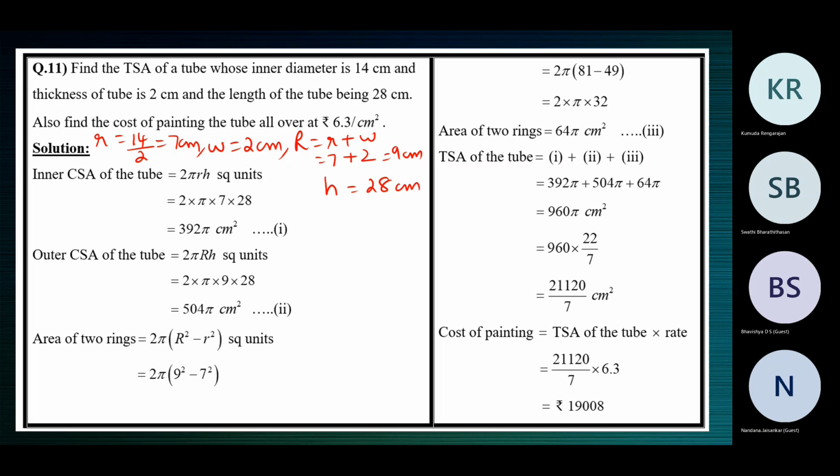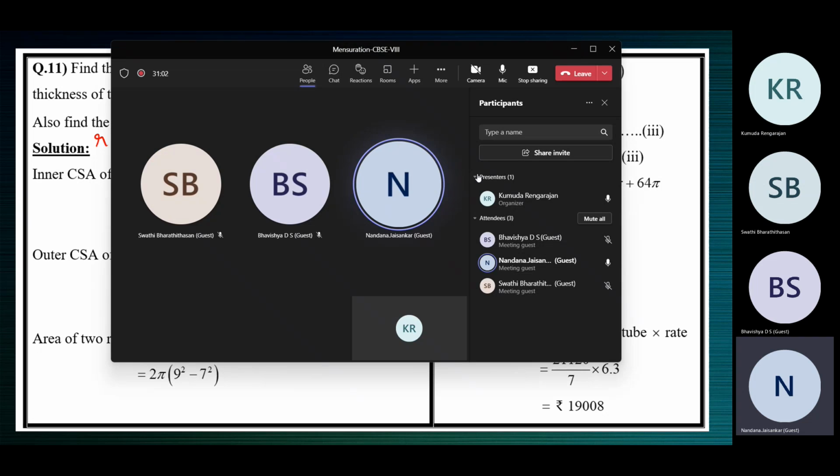Ma'am. Yes. Ma'am, I'm Nandana, ma'am. Hi, Nandana. Good evening. Good evening, ma'am. Ma'am, I don't know, my mother told that you have class at 6 o'clock. Oh, I don't have a phone, ma'am.